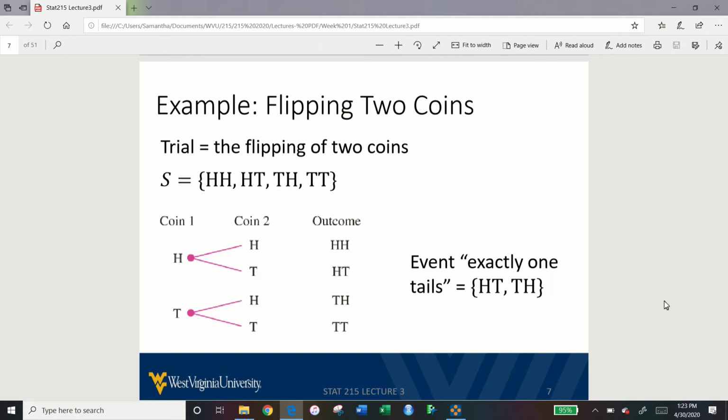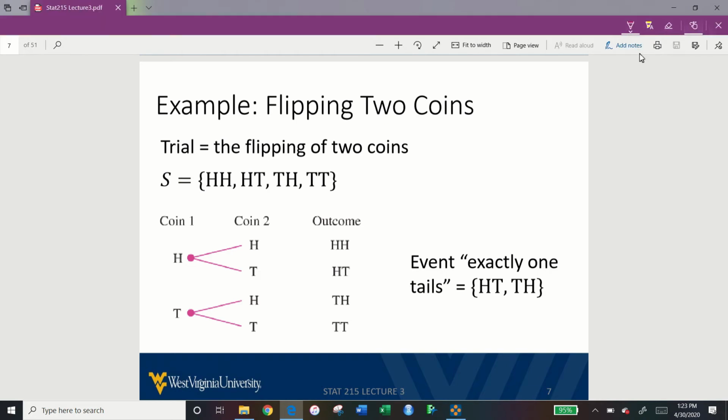Sometimes it's easier to see a sample space if we show it visually. For our first toss of the coin, you can have either heads or tails. For our second coin toss, again, it's going to be heads or tails, but we are throwing it for the second time, so our first coin flip has already been determined.